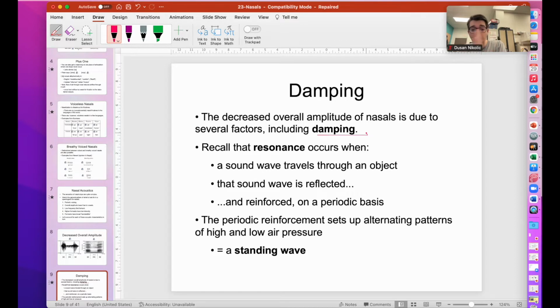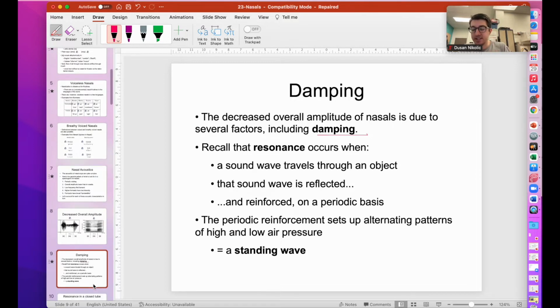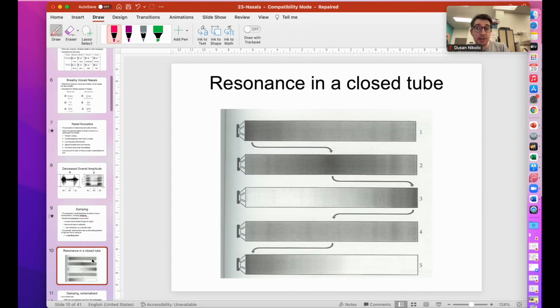The opposite of resonance is damping, right? So some harmonics are reduced, right? Their intensity, their loudness is reduced. So the periodic reinforcement sets up alternating patterns of high and low air pressure, and we get standing waves. We talked about that, we drew that one.